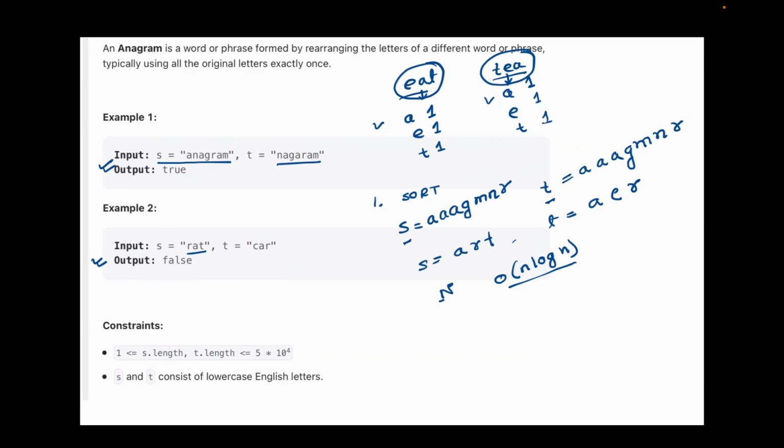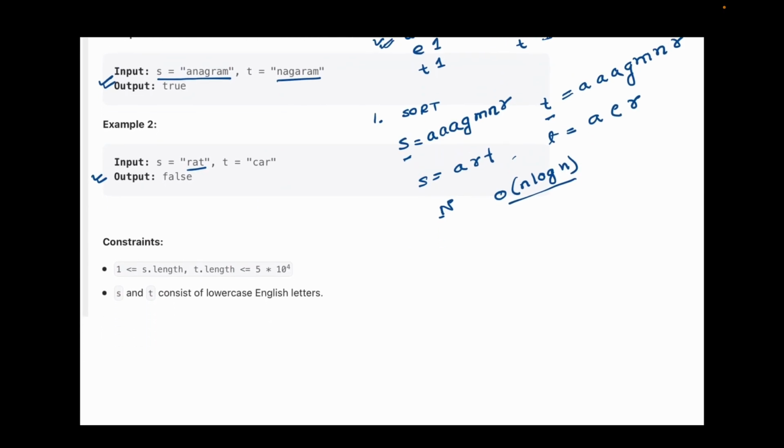What we need to achieve is to find out for each character how many times it is appearing, the frequency of each character, and exactly we need to count the same thing. So we are going to use a frequency counter.